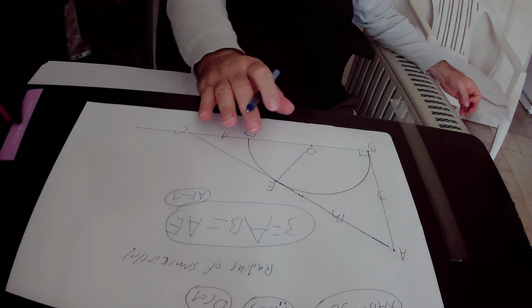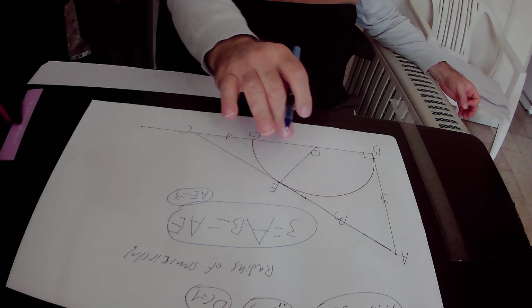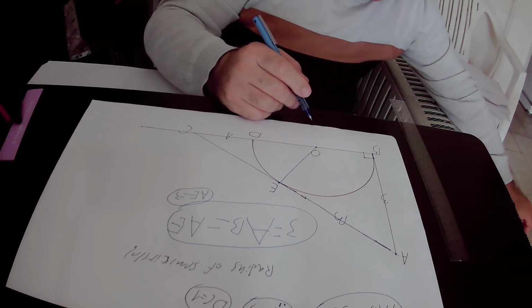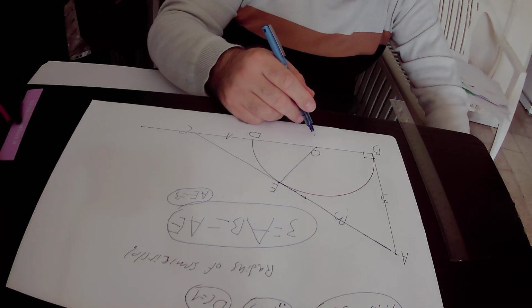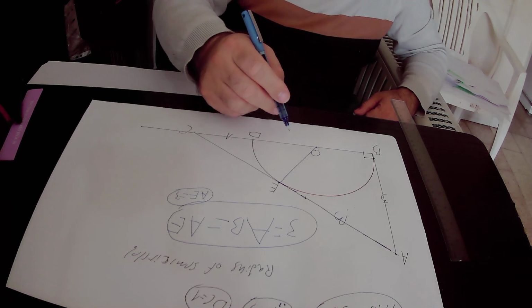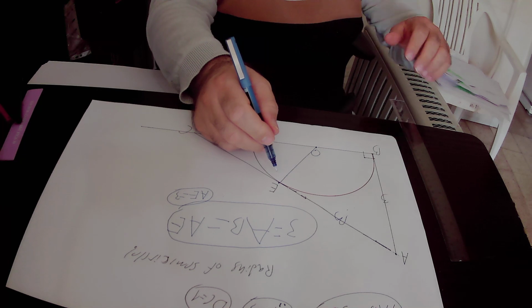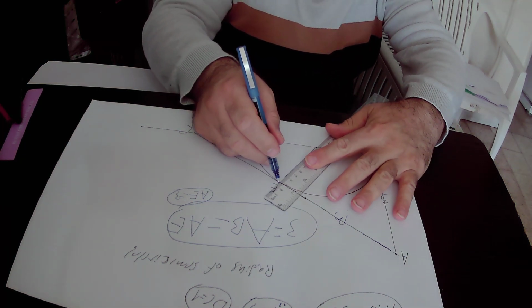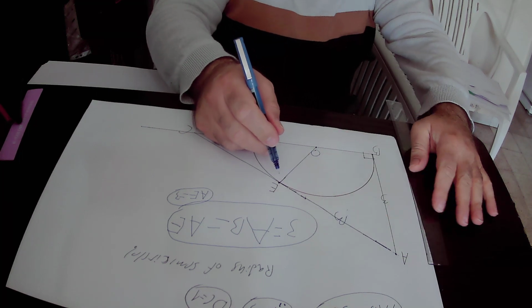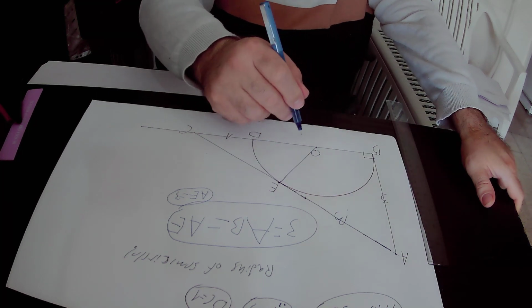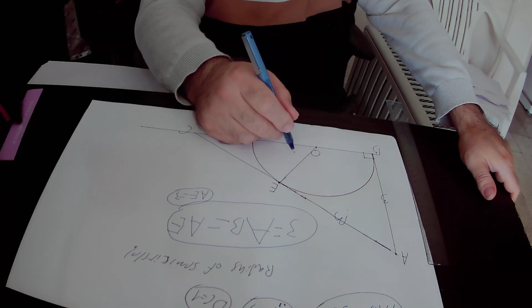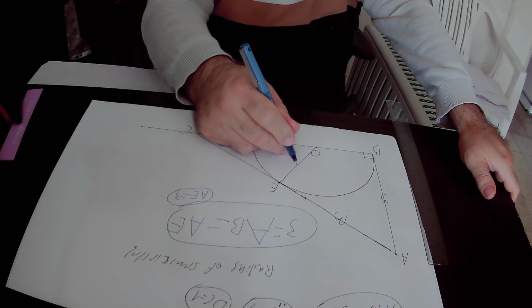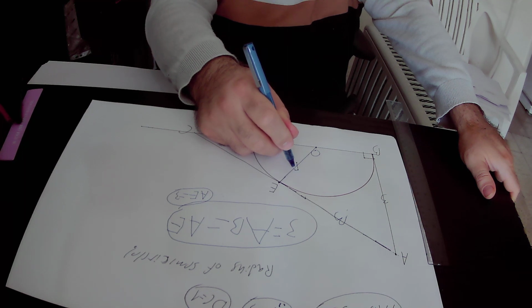This line segment is the radius of this semicircle because line segment OE starts from the center of this semicircle, that is to say from point O, and ends at point E, which is a point on the semicircle itself. Therefore, line segment OE is the radius of this semicircle. We will define the radius of the semicircle as R. Therefore, OE will be equal to R. It is the radius of this semicircle.